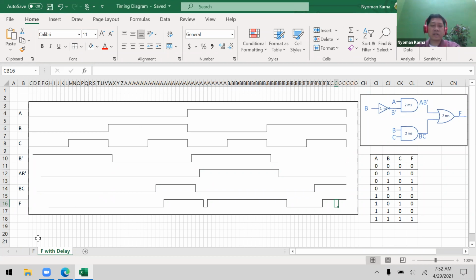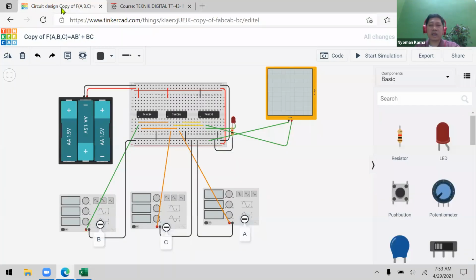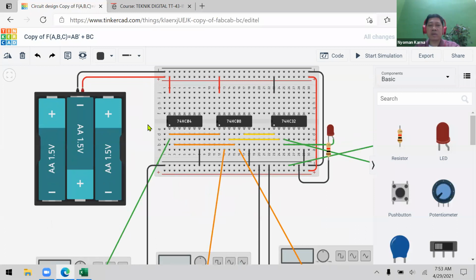Now, let's say, for example, the ideal circuit, using Tinkercad. This is our previous circuit using Tinkercad, implemented using the 7404, which is the inverter, the 7408, which is the AND gate, and the 7432, which is the OR gate.